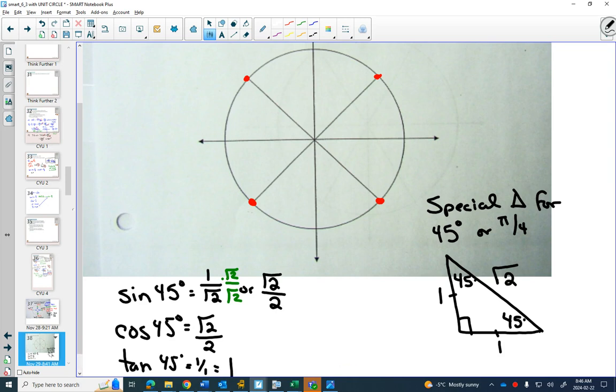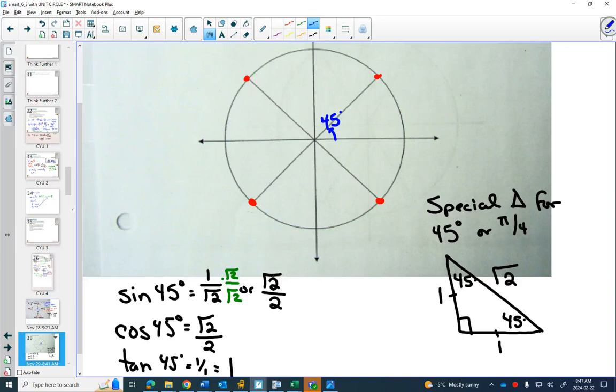That special triangle is going to help us in labeling this triangle. But first of all, we'll start with degrees. To be part of the 45-degree family for the unit circle, every single angle has a reference angle of 45 degrees. So this first angle, starting from here to here, that would be 45 degrees.